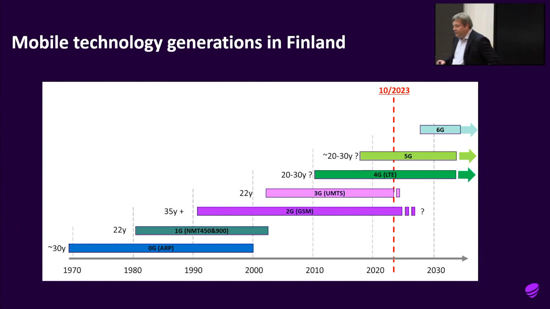Before we go into the details of 5G, maybe this explains a bit of the history and introduces you to the latest of 5G. As you can see, this wireless technology is nothing new. Basically, the zero generation was already in the beginning of the 70s.